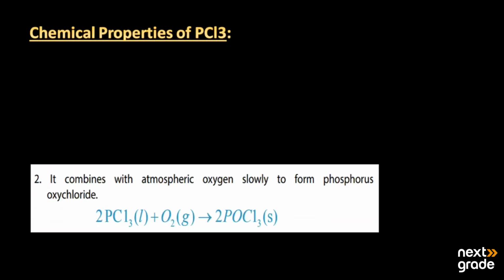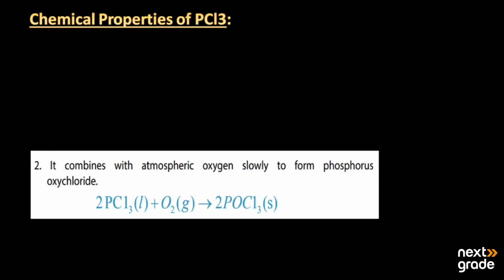After this we have some chemical properties of phosphorus trichloride. It can give two types of reactions in the first ones. In the first reaction, PCl3 reacts with chlorine and produces PCl5, which is phosphorus pentachloride.